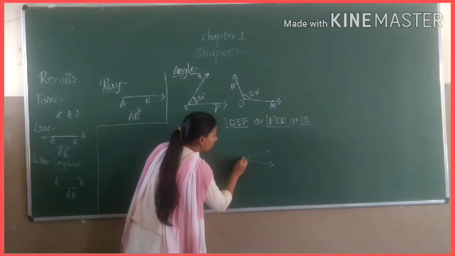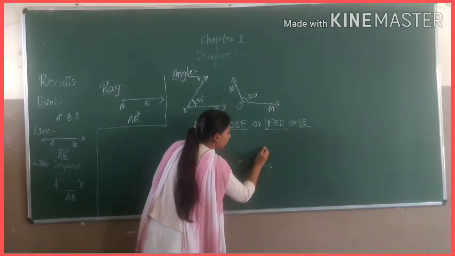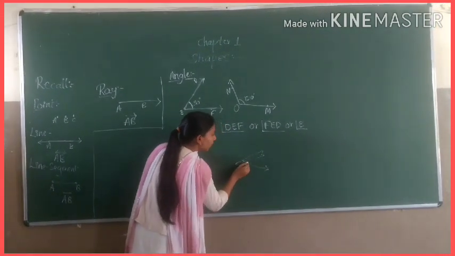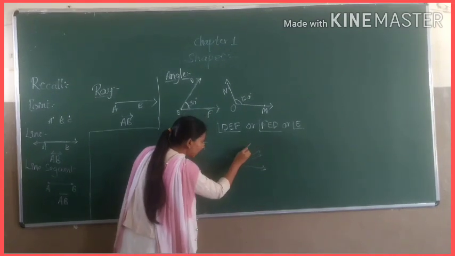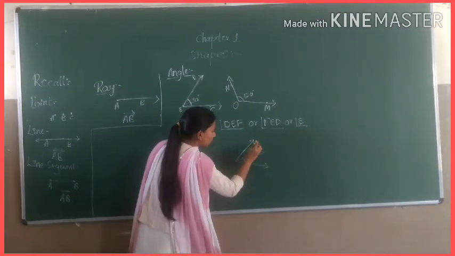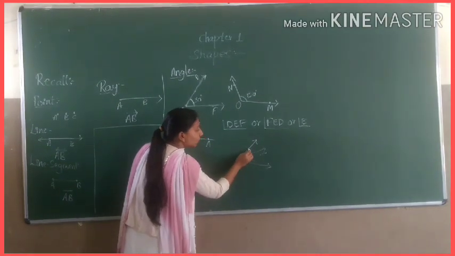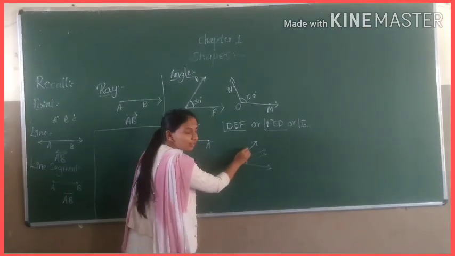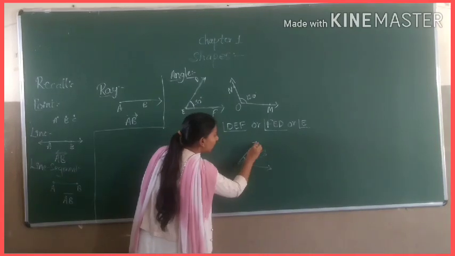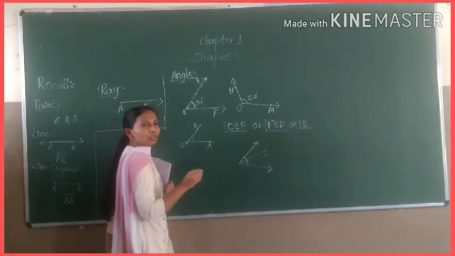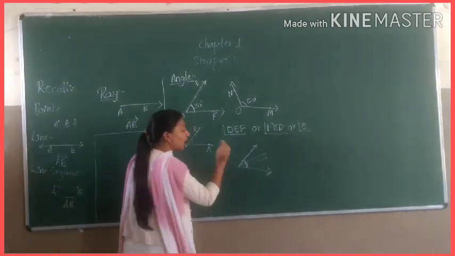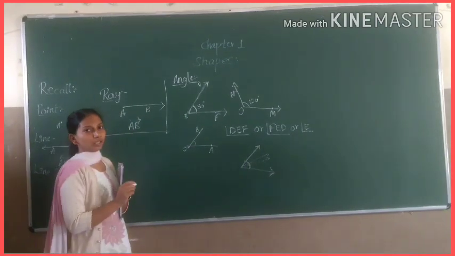Finally it reaches here. So an angle means the movement of the ray through some distance, and it will reach some final position here. So this forms an angle.